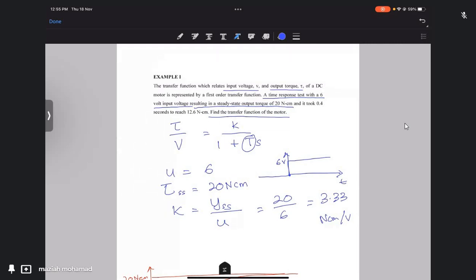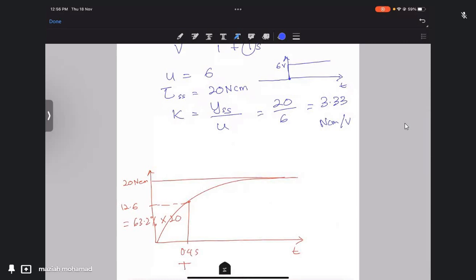The information here is it took 0.4 seconds to reach 12.6 Newton centimeter, meaning there is some delay. We know the final value is 20 Newton centimeter. If you calculate, 12.6 is actually 63.2% of 20.